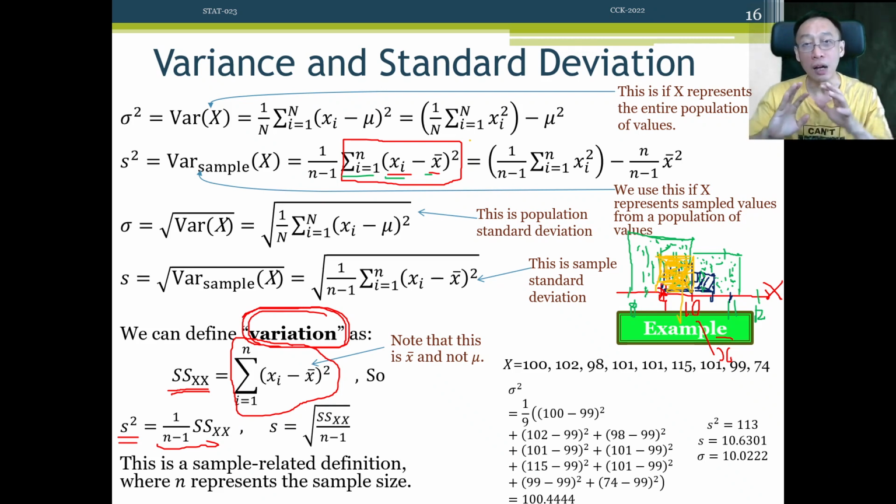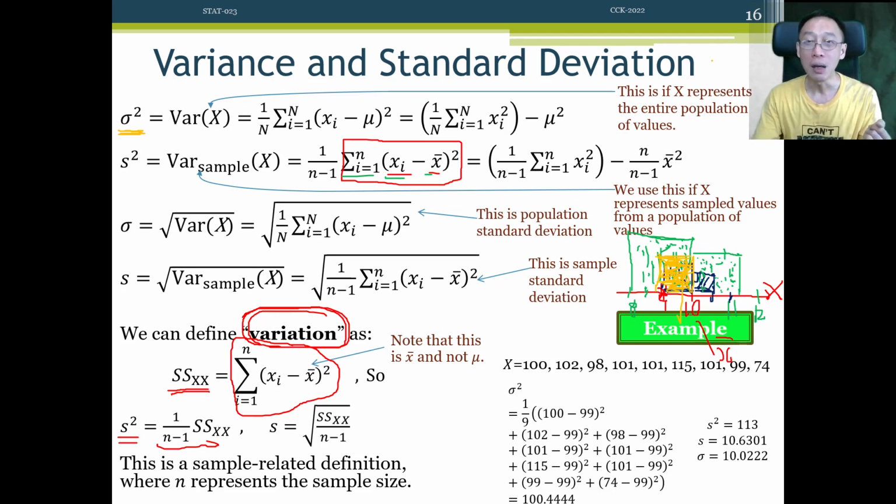All the non-Greek letters, like S and SSXX, refer to the sample measures. So if you see sigma squared, you don't have to ask whether it refers to population variance or sample variance. It has to be population variance because it is a Greek letter.